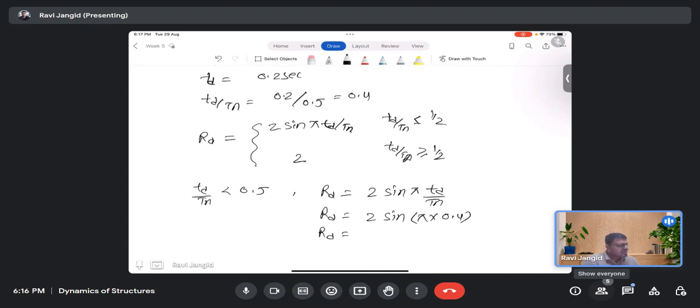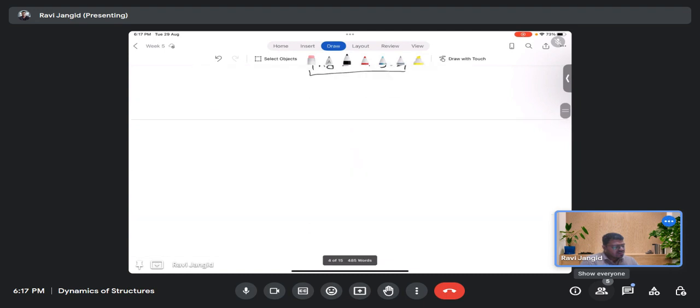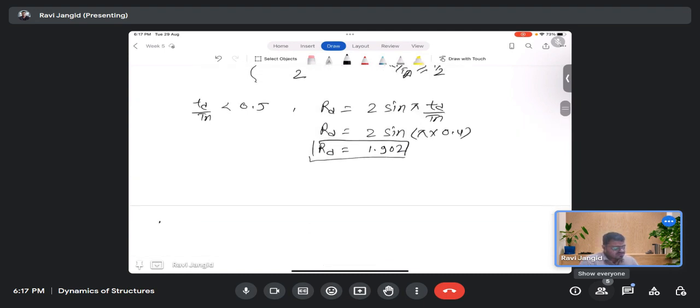So if you find RD using this, your RD will come out to be around 1.902. Now you have RD, so you can calculate the deflection at A. How is the deflection given? U naught is P naught by K into RD.